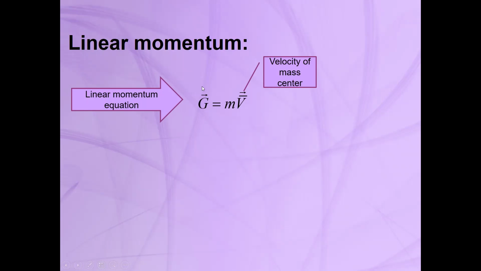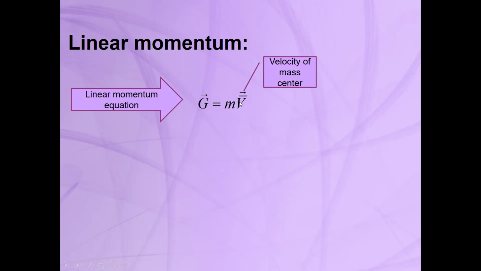As you can see, the linear momentum defines m times v, where G is a vector, and v is again a vector, the vector of the velocity. But here the difference is that it is important which point this velocity belongs to. We should note that this is the velocity of the mass center, okay?